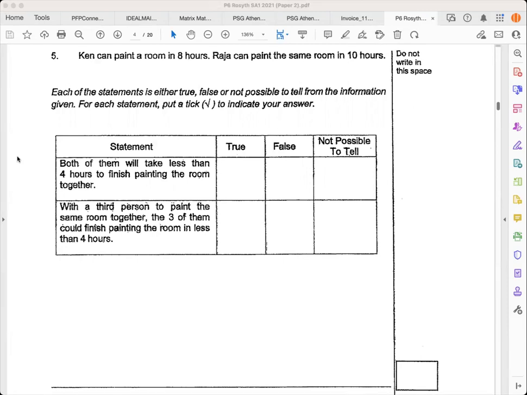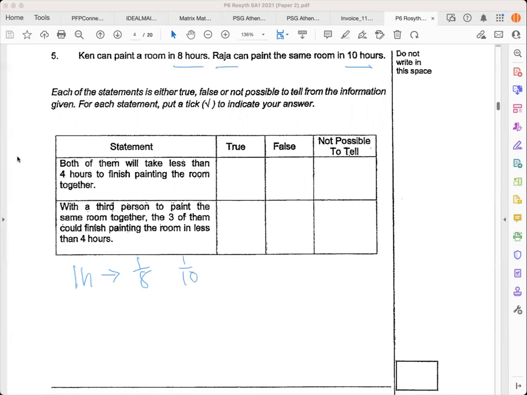From this statement, Ken can paint a room in 8 hours, which means in 1 hour, Ken can paint 1/8 of the room. Raja can paint the same room in 10 hours, so in 1 hour, Raja can paint 1/10 of the room.